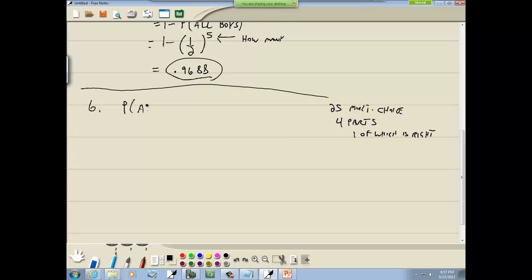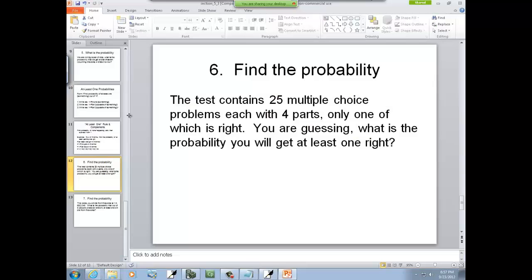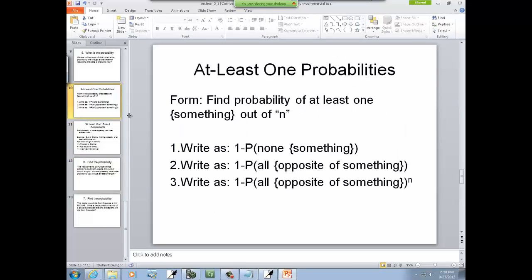Okay. So at least 1 right, and you're guessing on every problem. And let me put that here. At least 1 right out of 25. Okay. Look at our steps here.